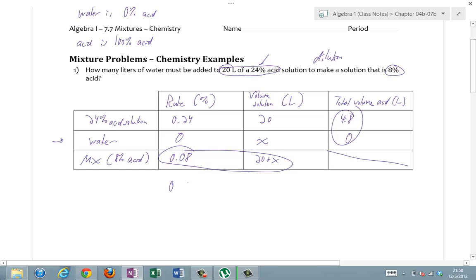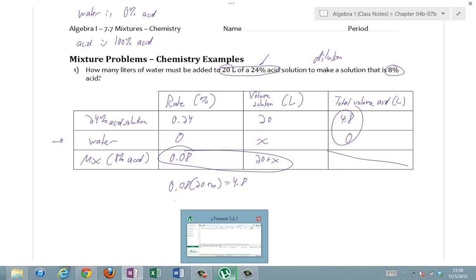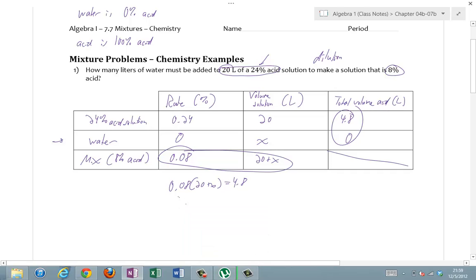So I have 0.08 times 20 plus x equals 4.8. 0.08 times 20 is, I believe, 1.6. So that's 1.6 plus 0.08x is equal to 4.8.